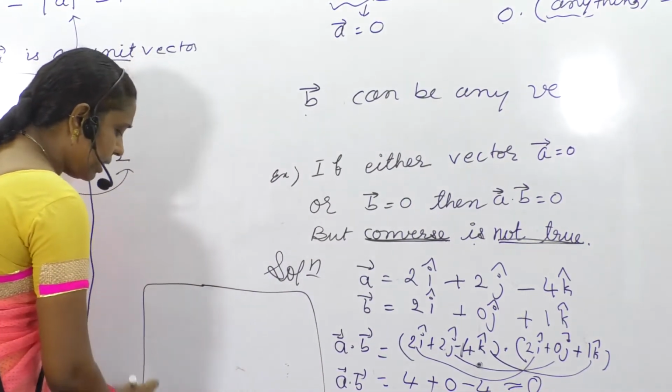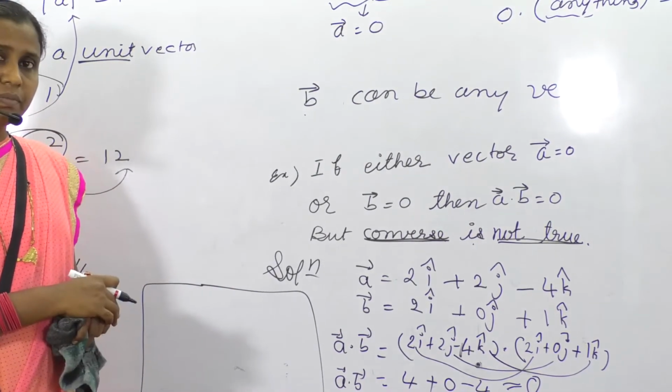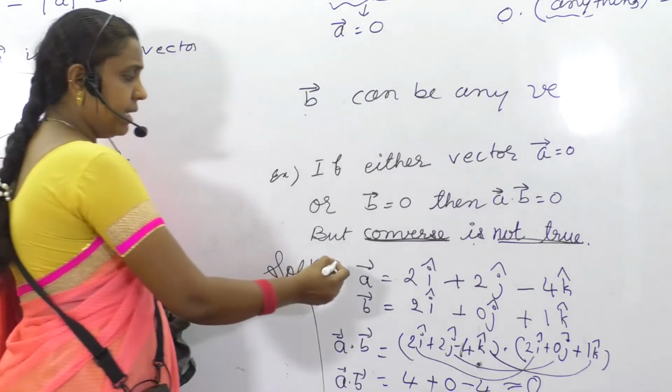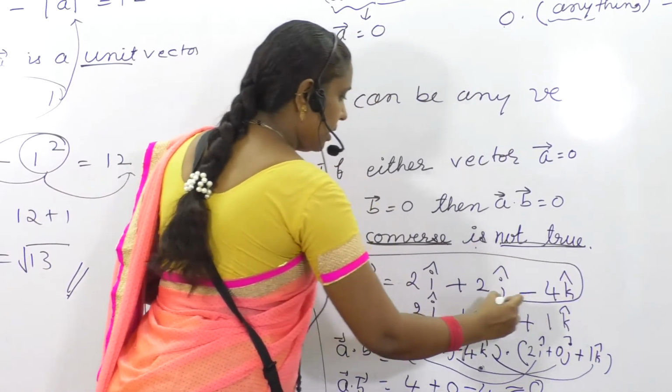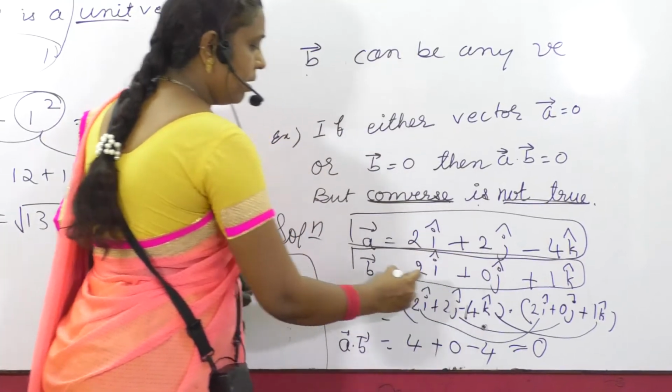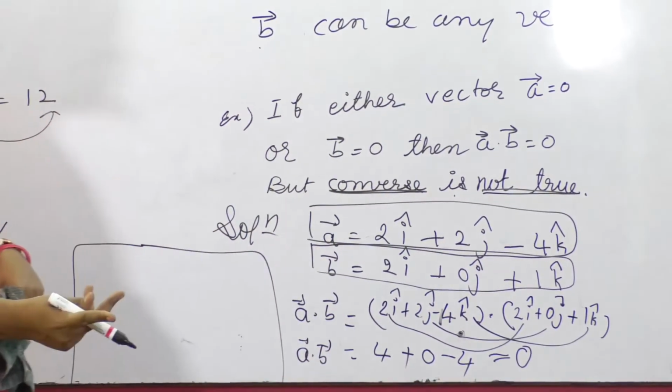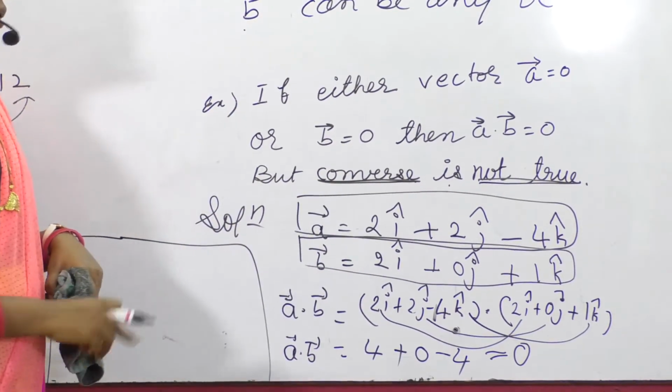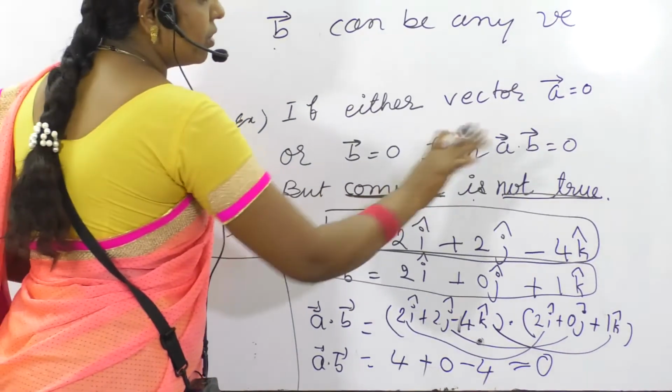A dot B equal to 0 doesn't mean A will be 0 or B will be 0. Is it not? A is a non-zero vector. B is a non-zero vector. But the dot product of two non-zero vectors turns out to be 0. It means the converse is not true.